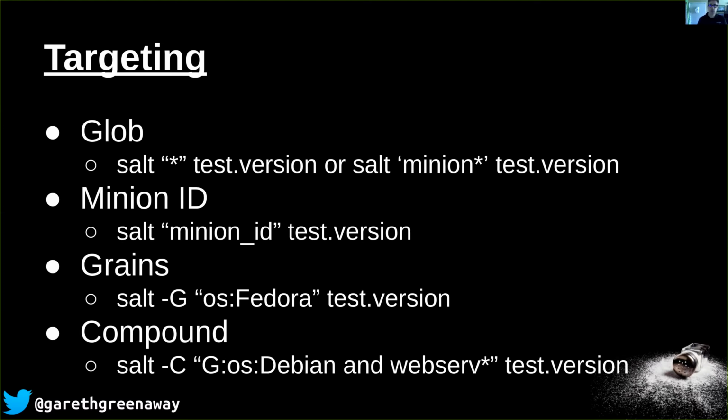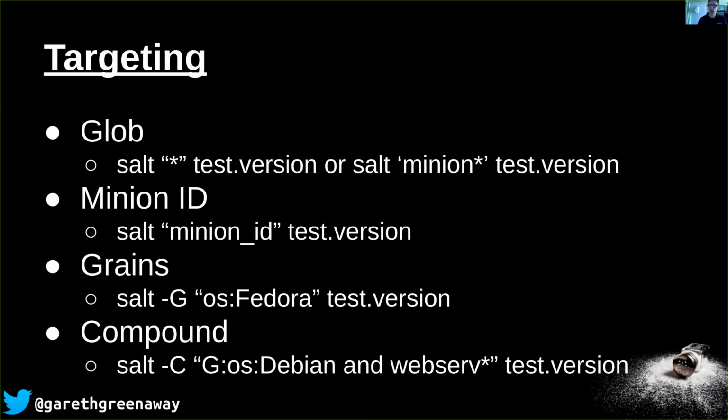Globbing allows targeting of many minions using parts of the minion ID. In the first example, we're targeting all minions that the Salt master knows about with the command salt * test.version. This will run test.version across all the Salt minions that the Salt master is aware of.